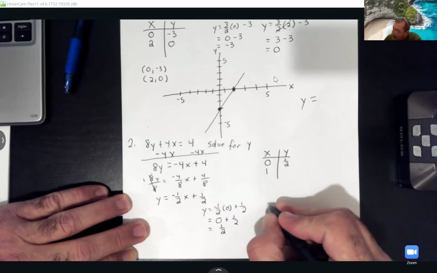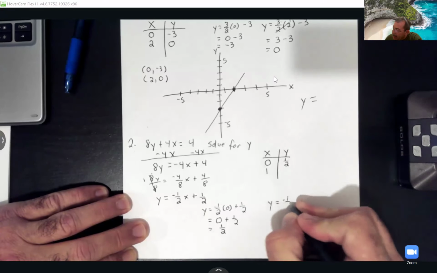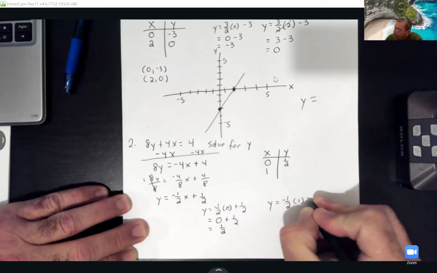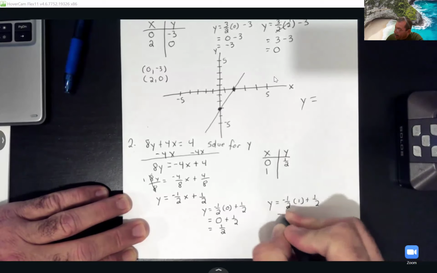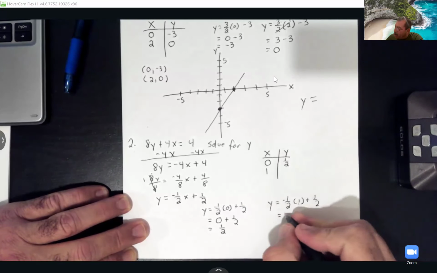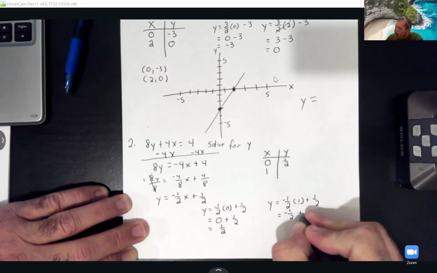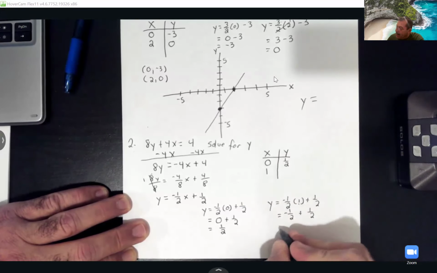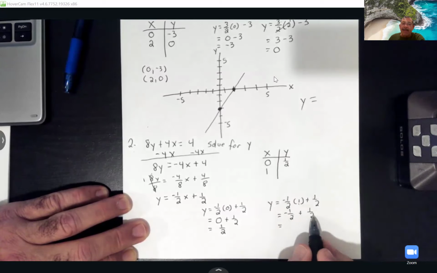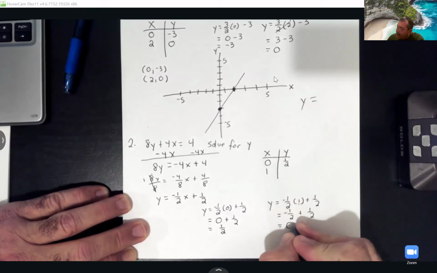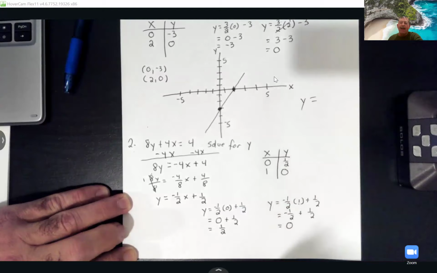A 0 for that y. So let's plug that in and see. So negative 1/2 times 1 was negative 1/2 plus our positive 1/2. And y'all, negative 1/2 plus positive 1/2 gave us a 0 for that y value.